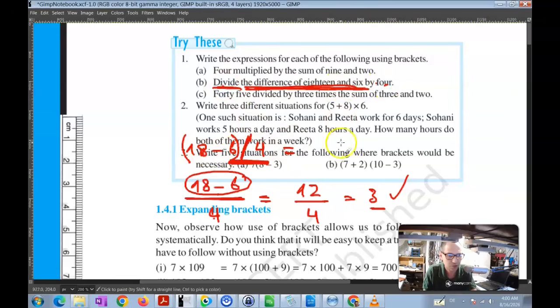Since a bracket has priority over anything in an expression, 18 minus 6 is equal to 12, and then divided by 4 is equal to 3, which is then the same thing.